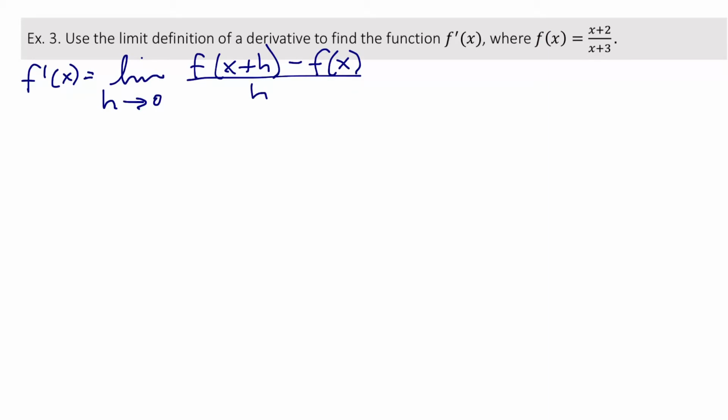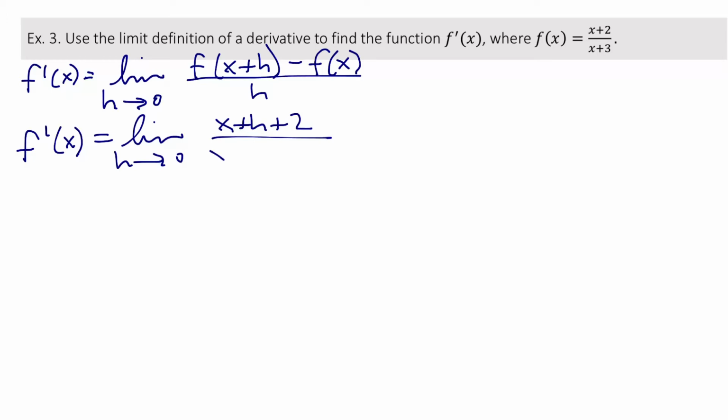So let's try example 3. It says use the limit definition of a derivative, that's this, to find the function f prime of x, where this time we have a rational function. So let's set it up. We're going to say f prime of x is equal to the limit as h approaches 0. Substituting x plus h into the function, I'll have x plus h plus 2 over x plus h plus 3.